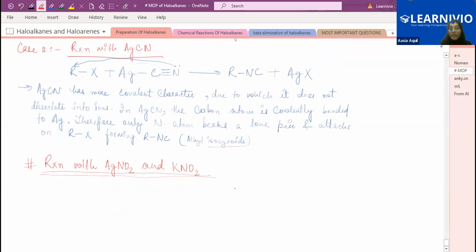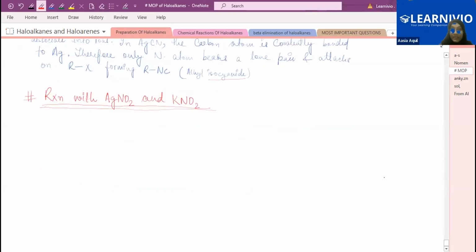Similarly, let's see what the product will be when an alkyl halide reacts with AgNO2 and KNO2.